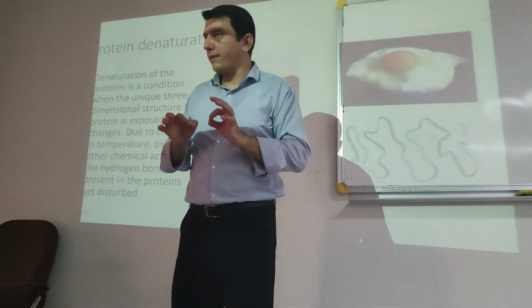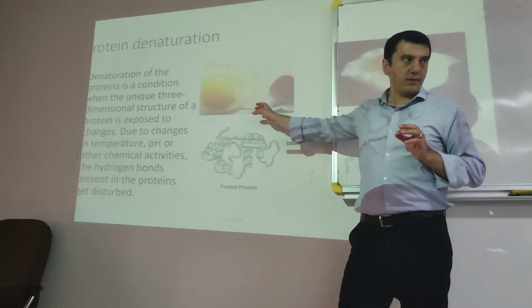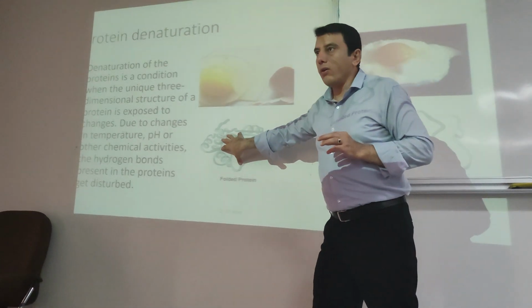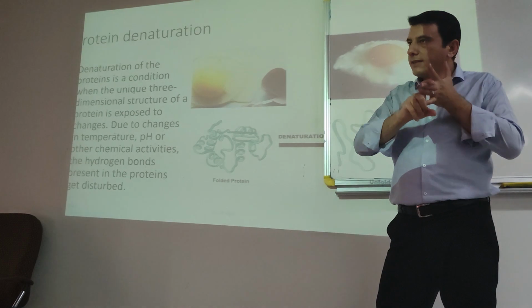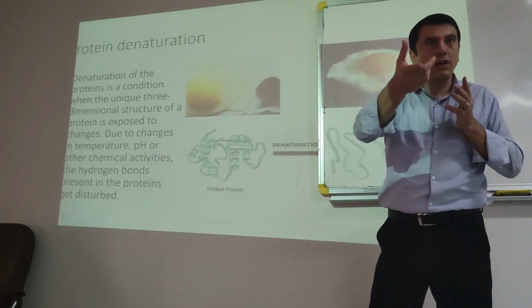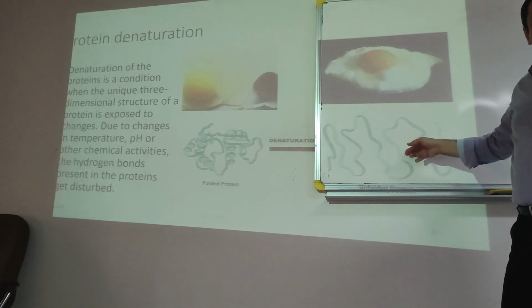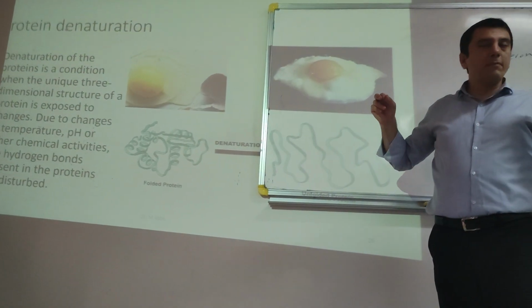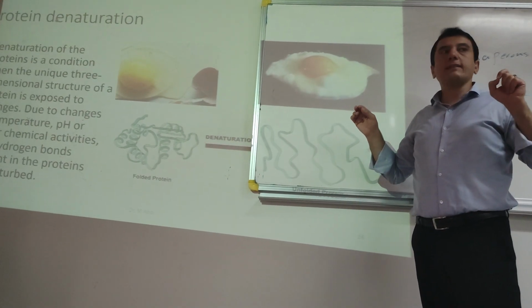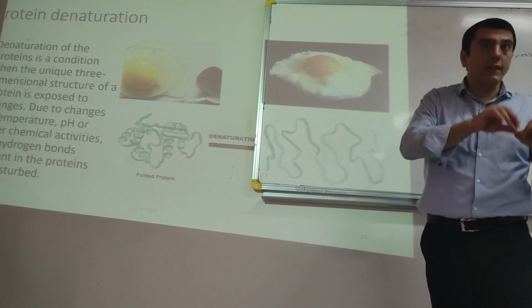So the point is, when denaturation happens, all quaternary, tertiary, and secondary structure will be destroyed. However, just the primary structure will still remain, because the bonds stabilizing the primary structure are peptide bonds, which are covalent.